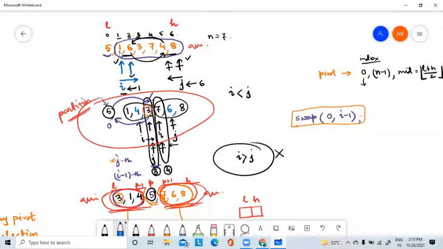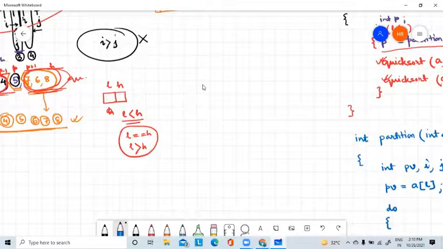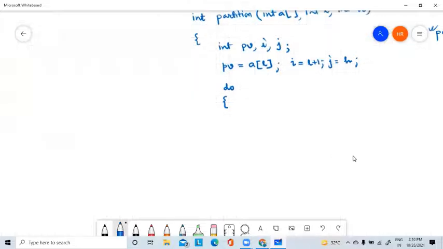If this element is smaller, I will move forward. And I will compare with J. If this element is greater, then I will move forward. So first the left to right movement. I will write it like this: while pivot is greater than A of I, I will increase I.